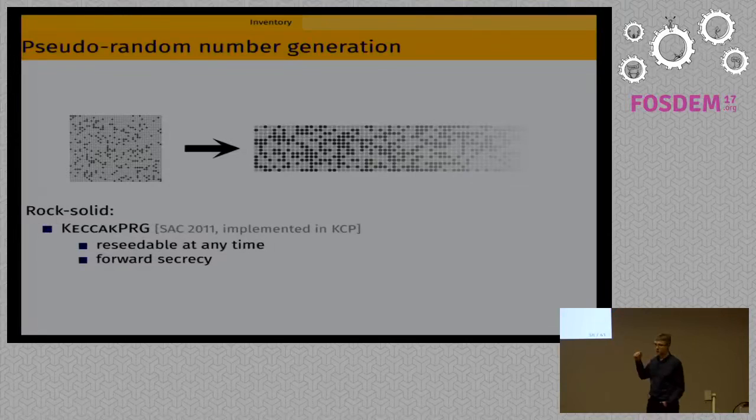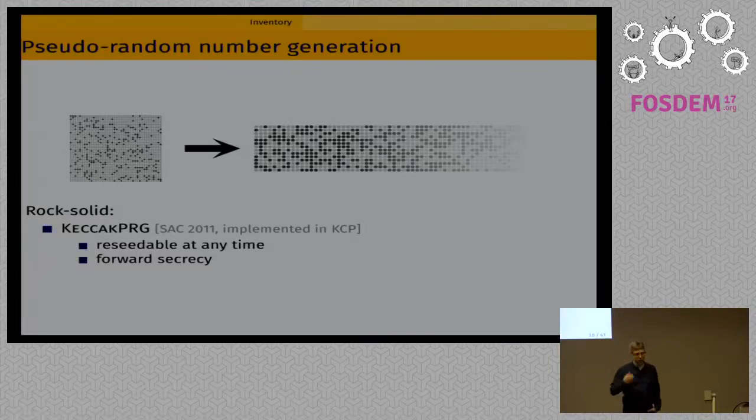So in the Keccak code package, we also implemented Keccak PRG, which is based on our SAC 2011 proposal, and it has some extra features. If more seeds come in, you can at any time add them so that they get mixed into the state, and then your output will depend on them.